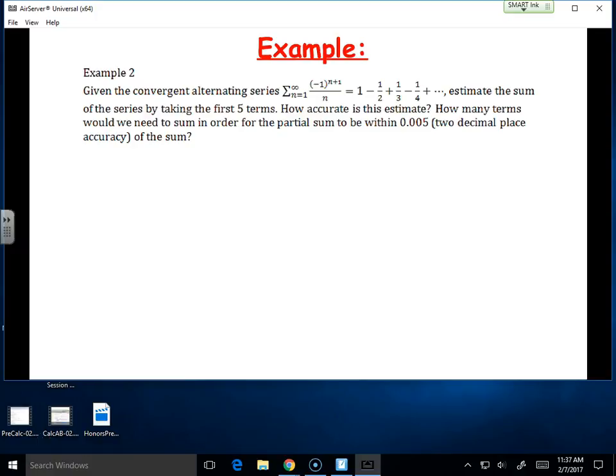Just do n up to the fifth. So S sub 5, or the 5th partial sum, is going to equal 1 minus a half plus a third minus a fourth. For the 5th partial sum, we need to go one more, plus a fifth.